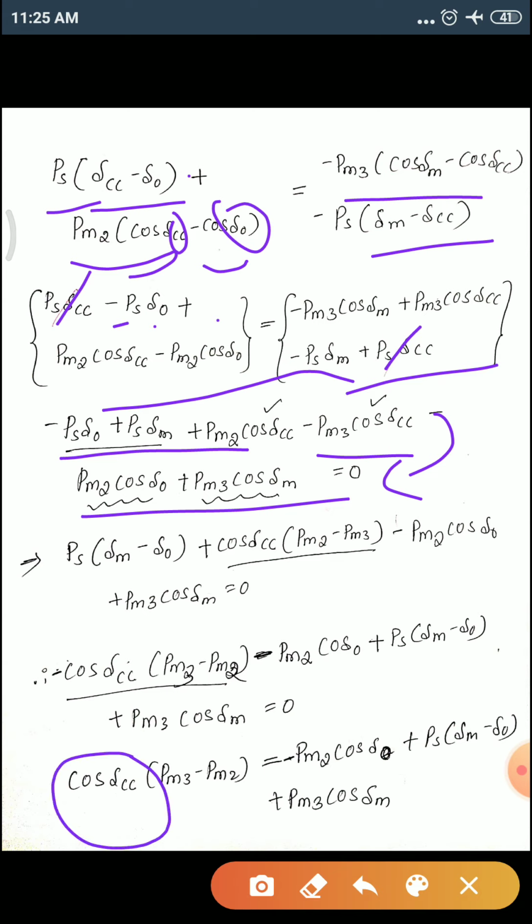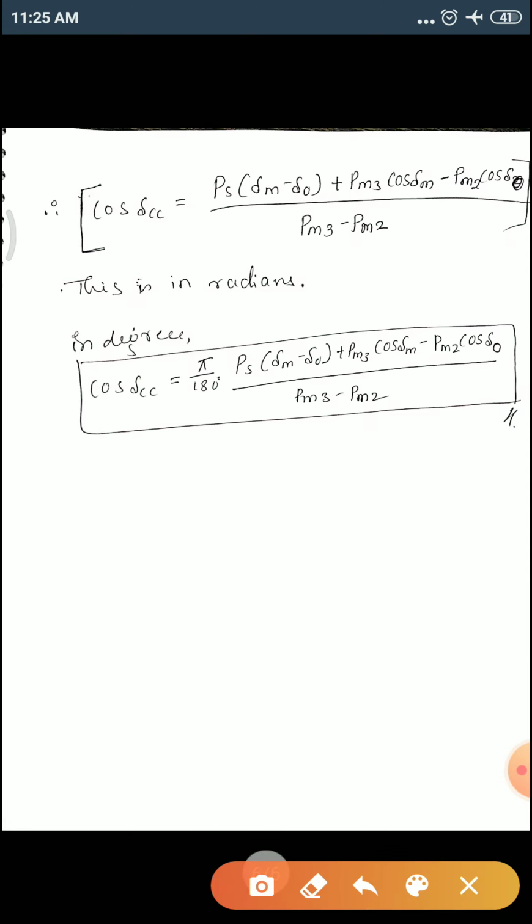Once you simplify, we get cos delta cc will be equal to PS of delta m minus delta naught plus PM3 cos delta m minus PM2 cos delta naught, divided by PM3 minus PM2. This is in radians. If you would like to get delta cc, it will be equal to cos inverse of the entire thing.